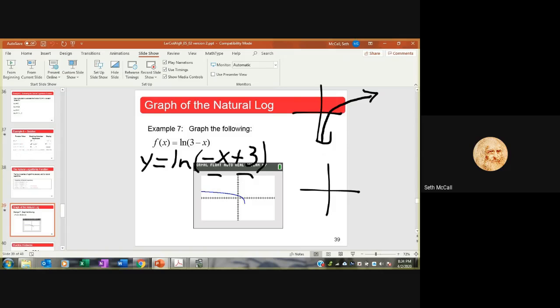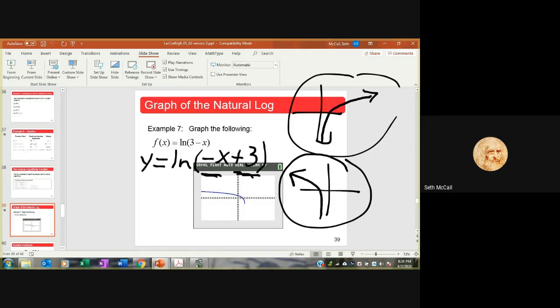It would take this graph that you see right here, and it would flip it about the y-axis. So it looks like this. Now that plus 3, normally plus 3 would mean shift left 3. But, and you might have forgotten this, because this negative is right here, it reverses this sign and makes that actually go to the right 3. So you're going to take this graph right here, and you're going to shift this to the right 3, and when you do, you get this graph.